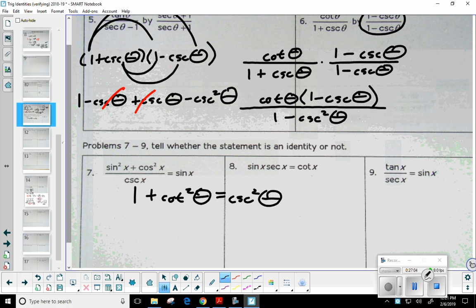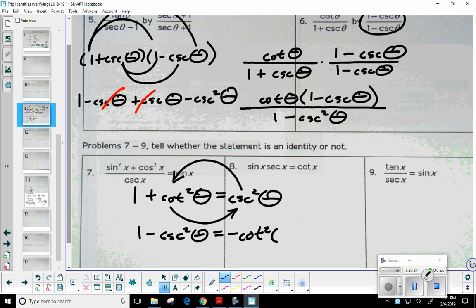Okay. So let's see. I want to rewrite this so that I have 1 minus cosecant squared. So if I subtract him over, what am I going to have to do? I'm going to have to subtract the cotangent squared over. Same thing here, what we did with the other Pythagorean identity. So 1 minus cosecant squared should equal negative cotangent squared.